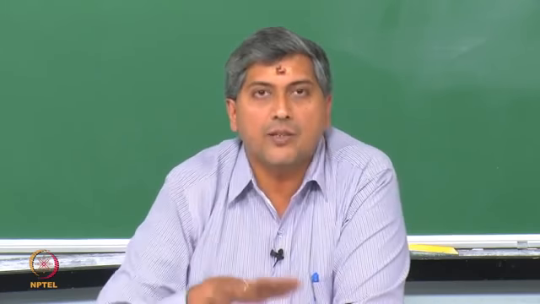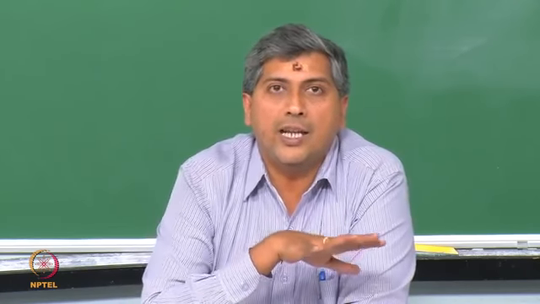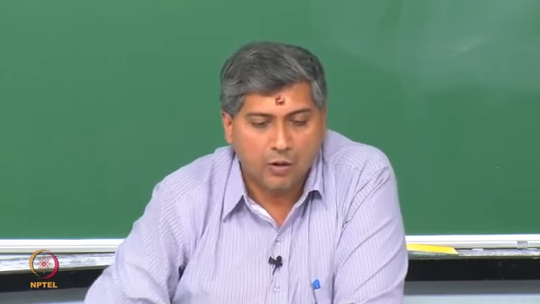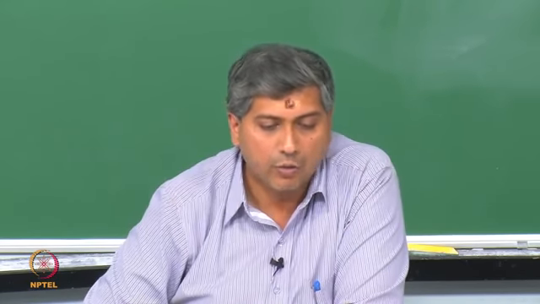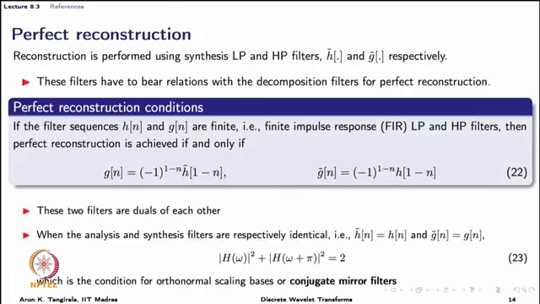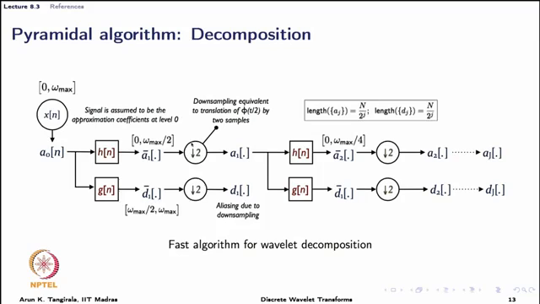Therefore, this satisfies all the conditions for generating MRA, for computing DWT using orthonormal wavelets and scaling functions. Okay. So, what I am trying to do here is show you what kind of results you would get when you walk through the decomposition algorithm at the first step.